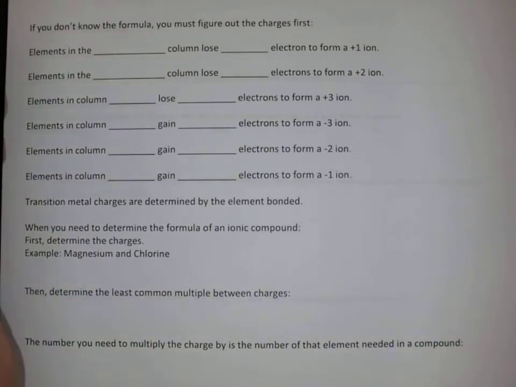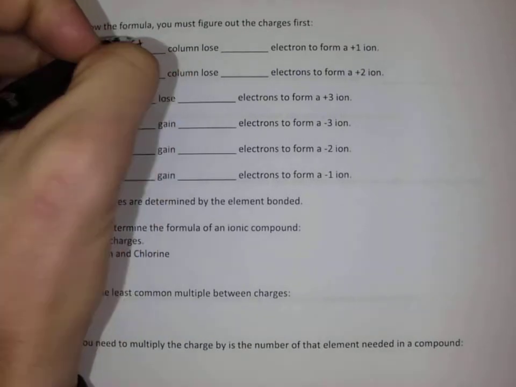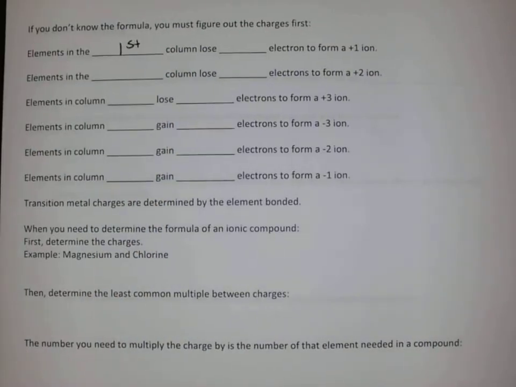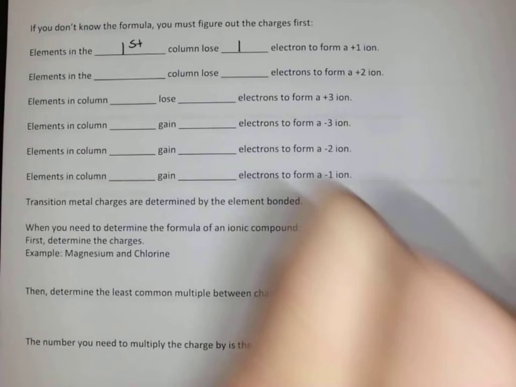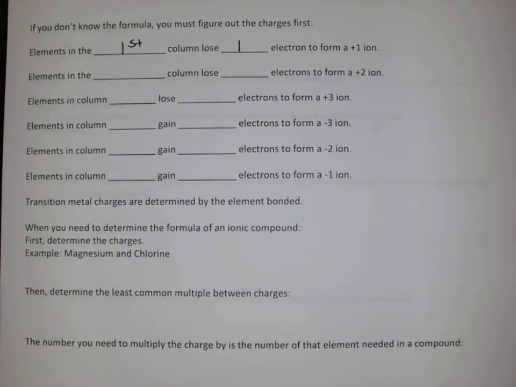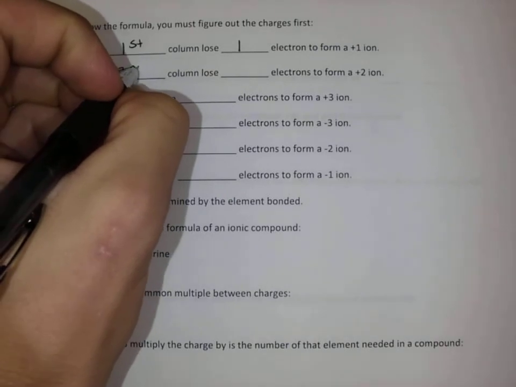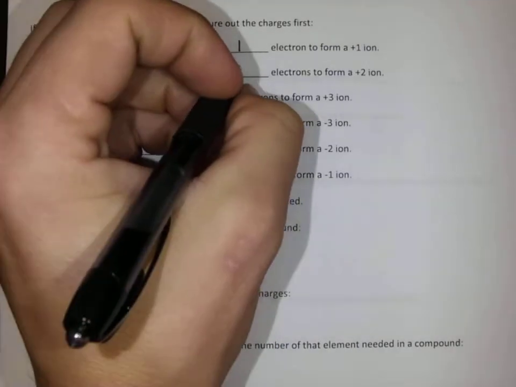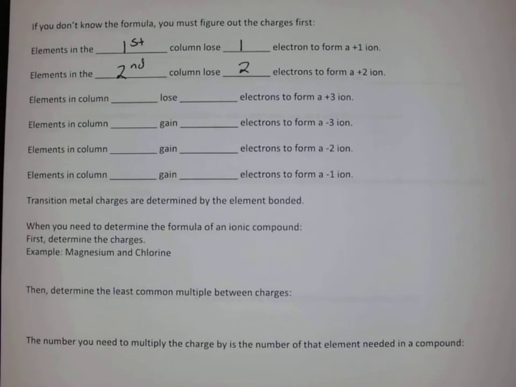If we have elements that are in the first column, we know that in the first column it's got one valence electron. It's going to lose that one electron and form a +1 charge. Elements in our second column are going to lose their two valence electrons and form a +2 charge.